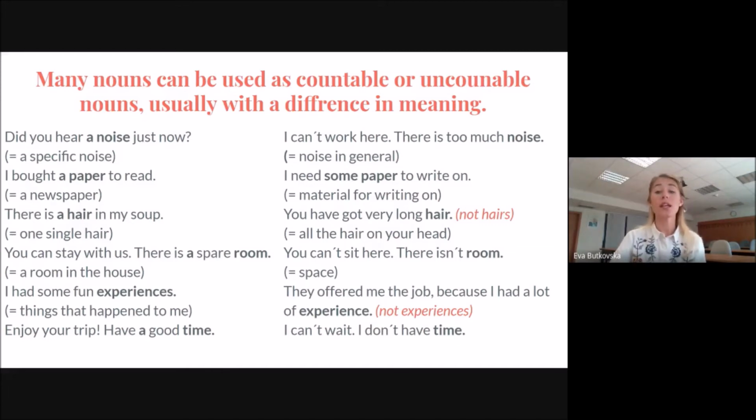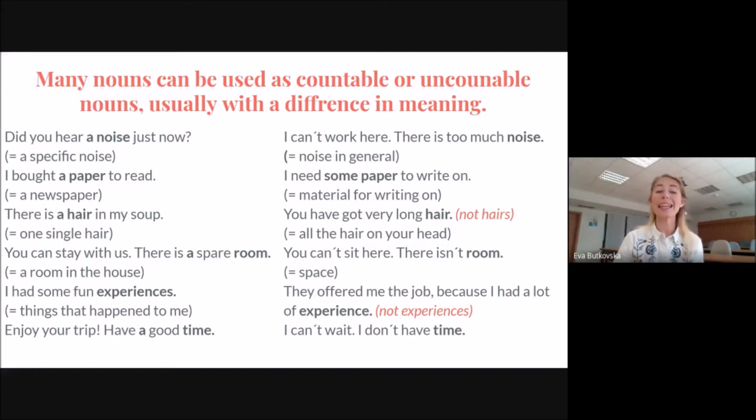But if you use the word differently, they offered me the job because I had a lot of experience. We don't use experiences, but experience. We are talking about experience in general. So all the skills that you have, and experience that you have in this case.